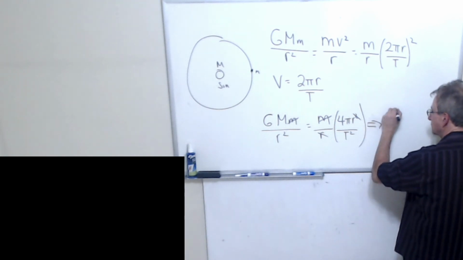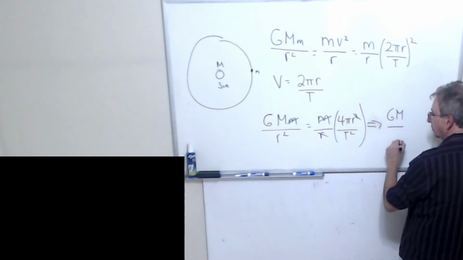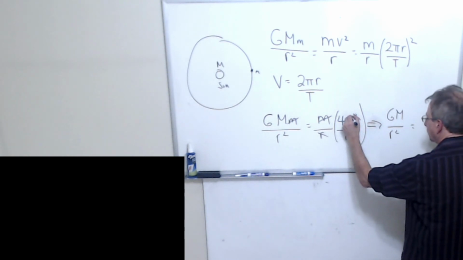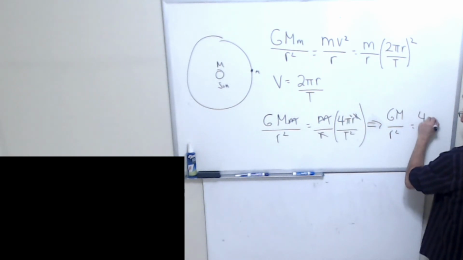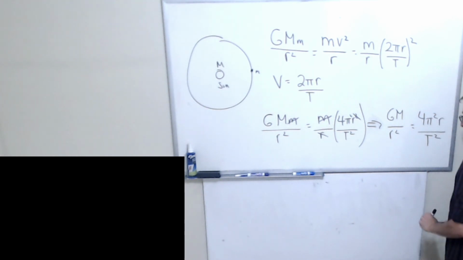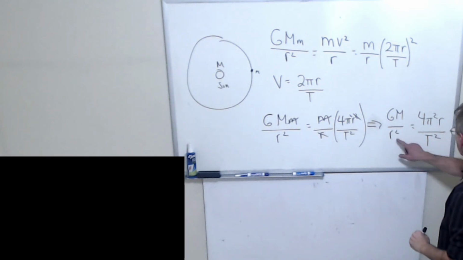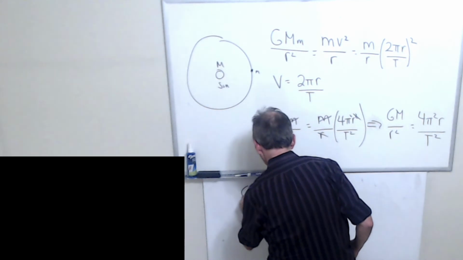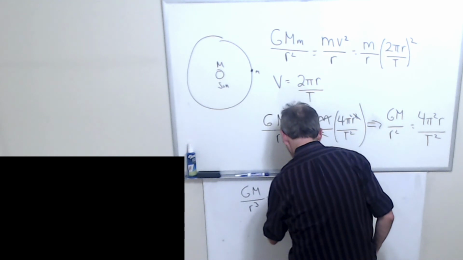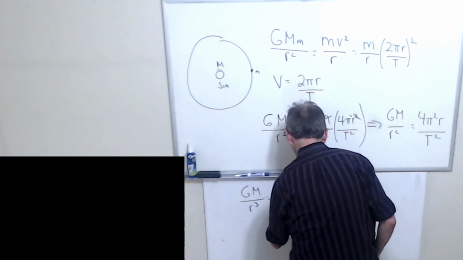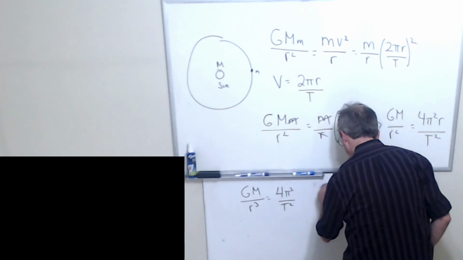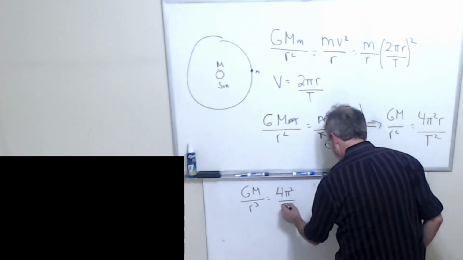This leads to G M over r squared equals 4 pi squared r over T squared. I'm going to bring this r down here, and then I write T squared, and I'm going to bring the T squared up here.